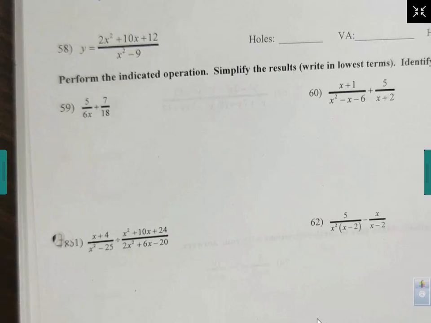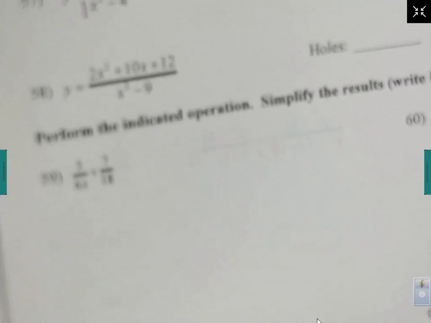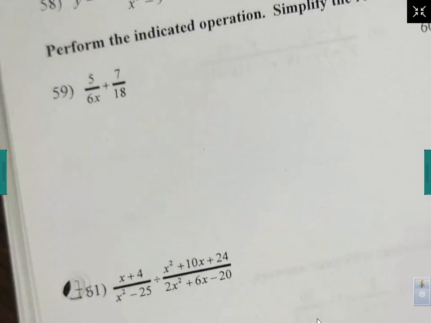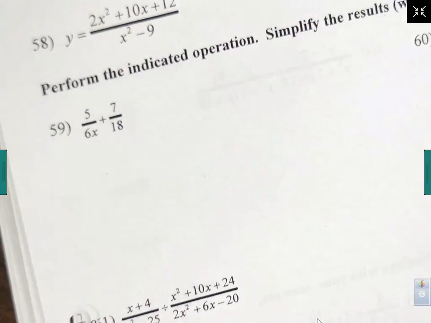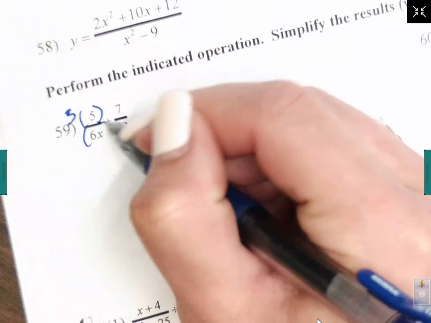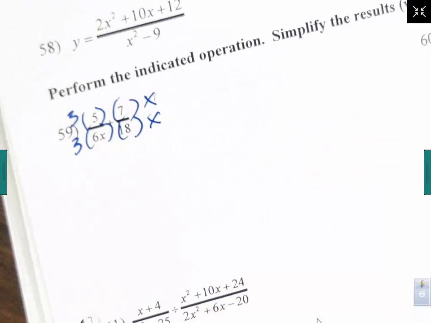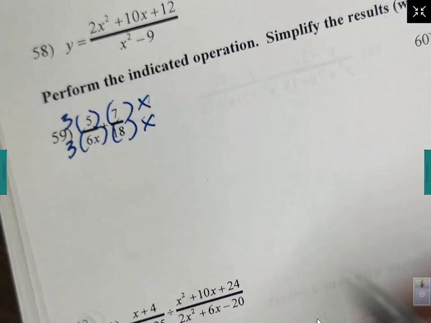All right, on number 59, we need to have a common denominator, so that means we need to multiply our numerator and denominator by what? Good. We wanted a common denominator, and our common denominator would be 18x.